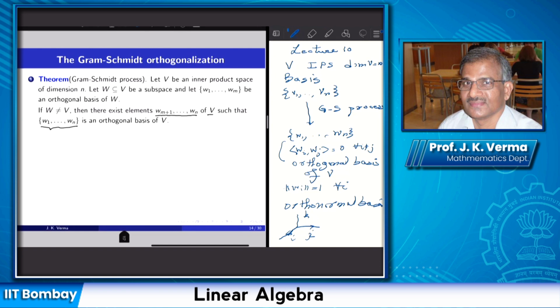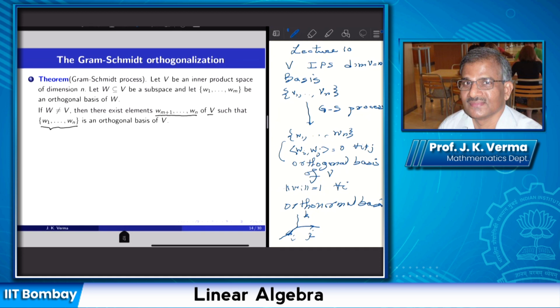So in other words, if I am given a finite set of mutually perpendicular vectors, then we can enlarge this set to a larger set which consists of n mutually perpendicular vectors, where n is the dimension. We proved earlier that mutually perpendicular vectors are linearly independent.